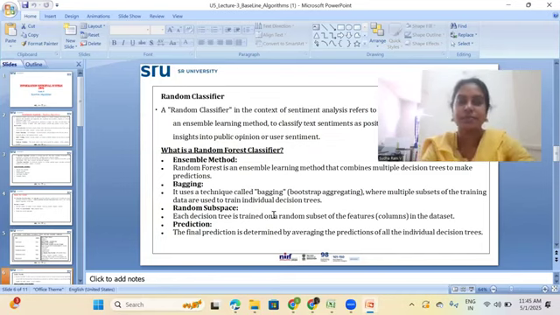Random subspace: each decision tree is trained on a random subset of the features in the data set. Prediction: the final prediction is determined by averaging the predictions of all the individual decision trees.